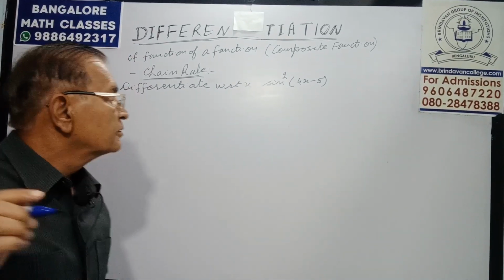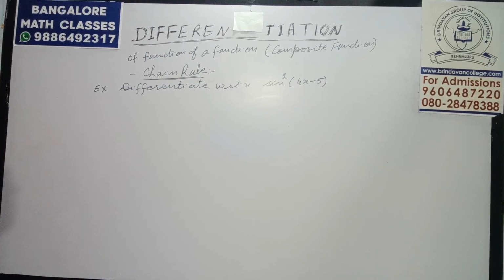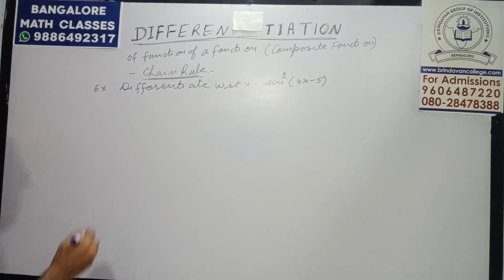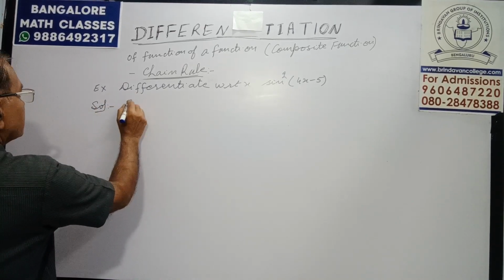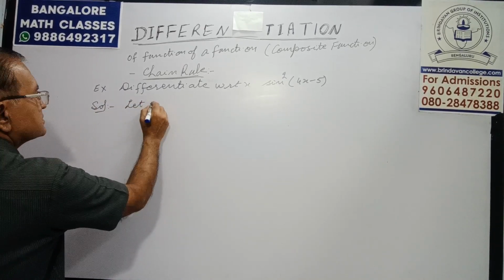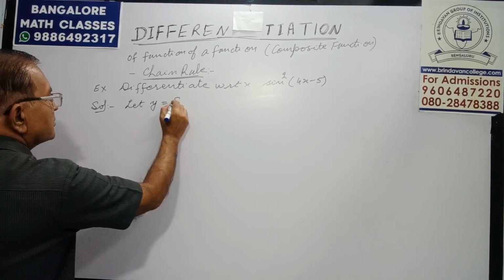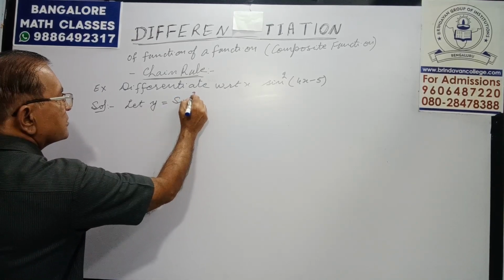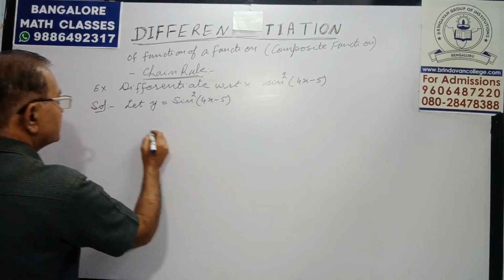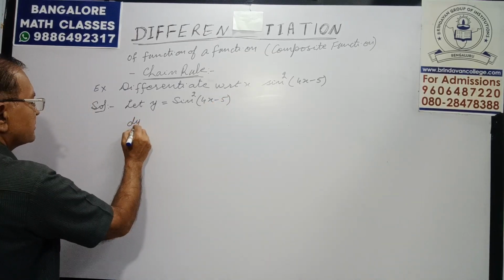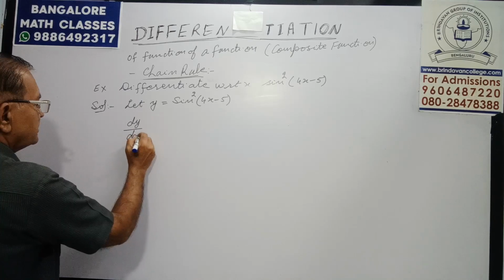Differentiate with respect to x: sine square of 4x minus 5. Let y equals sine square 4x minus 5. Differentiating, dy by dx.